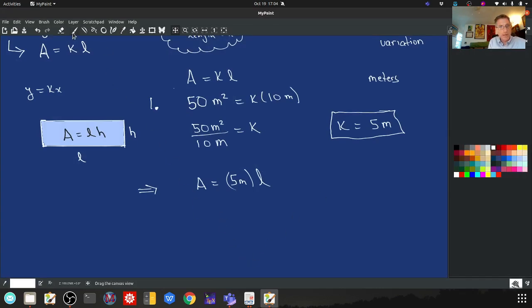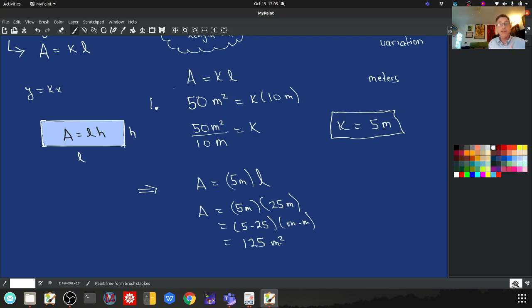So our length is given to be 25 meters, and I'm going to put the meters in here too. So that's equal to 5 times 25 times meters times meters. So that's equal to 125 meters squared.